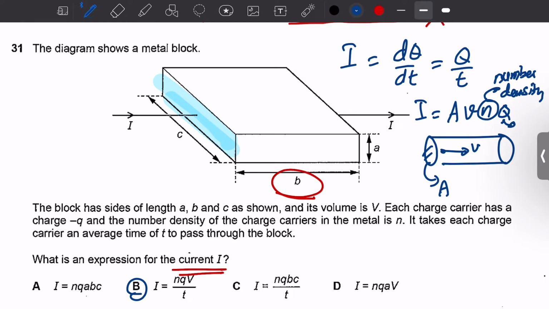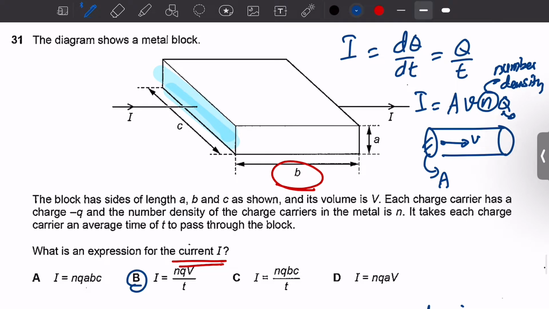Alright, now let's try to use this one. The thing is, we have to understand it. Electrons or charged particles, no, actually this is current. So charged particles are actually moving this way, right? So cross-sectional area is this surface. How much is the cross-sectional area? A equals, this is A, this is C, so A times C. Now what about the speed?